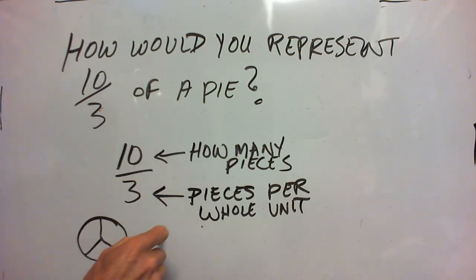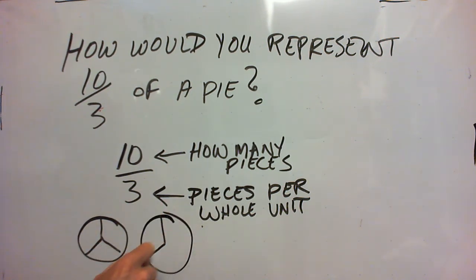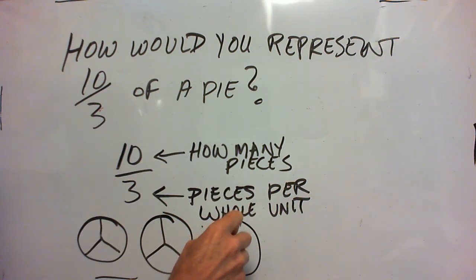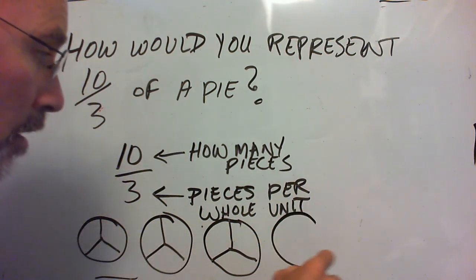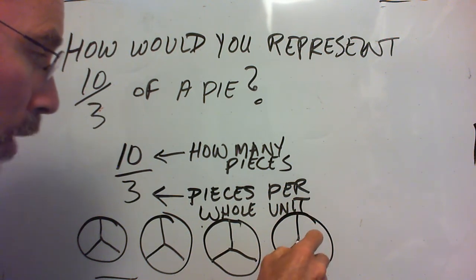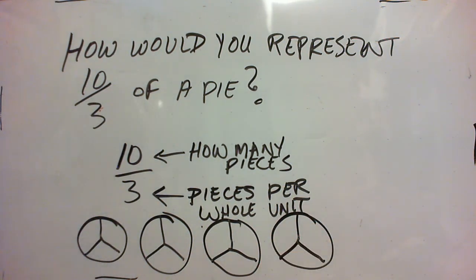Well, we need 10 pieces. So we need another pie to get us up to 6 pieces. And 1 more pie gets us up to 9 pieces. And then we need that 1 piece out of the 3rd pie.